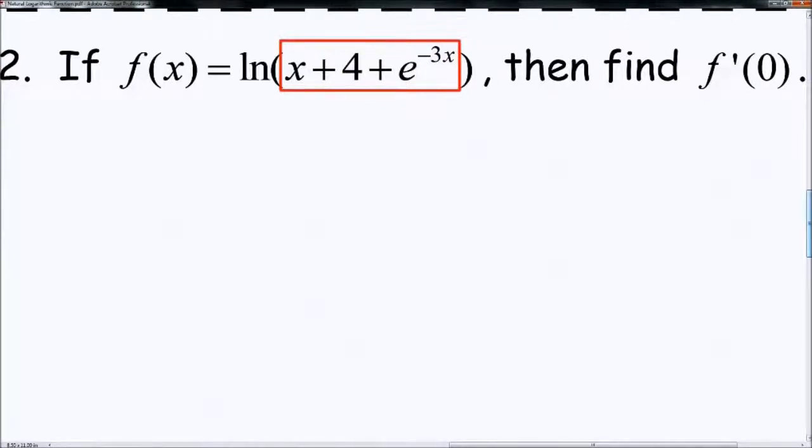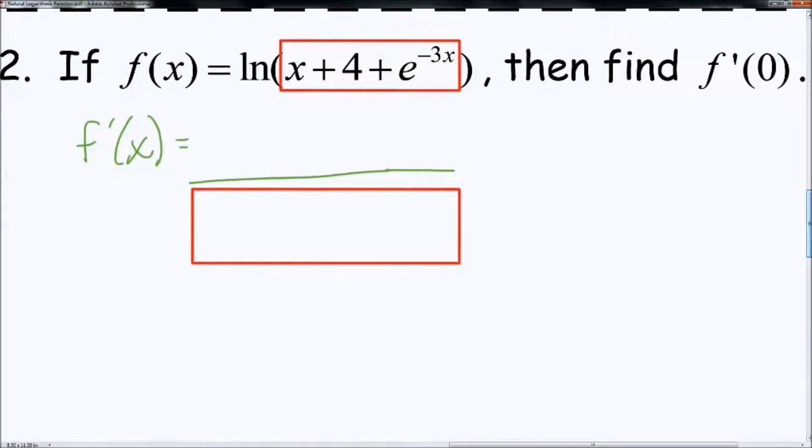When I take my derivative, there's my box, and I'm going to repeat what was in my ln box: x plus 4 plus e to the negative 3x. Now I'm going to take the derivative of what's in my box. The derivative of x is 1, the derivative of 4 goes away. And the derivative of e to a power, remember from the last video, I'm going to rewrite it.